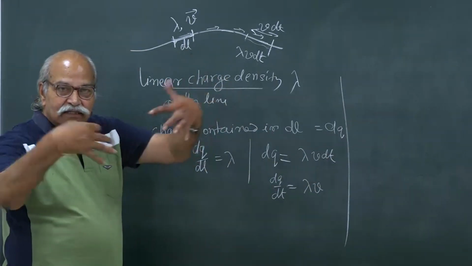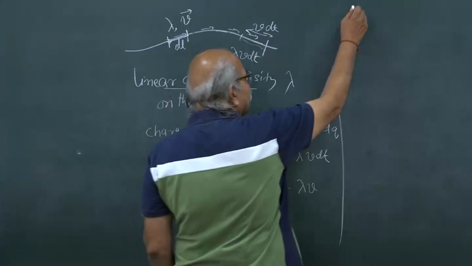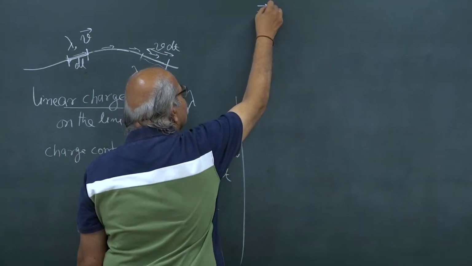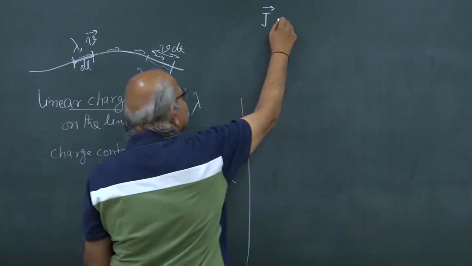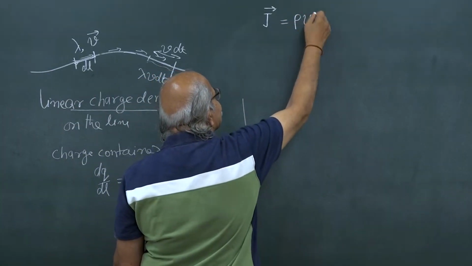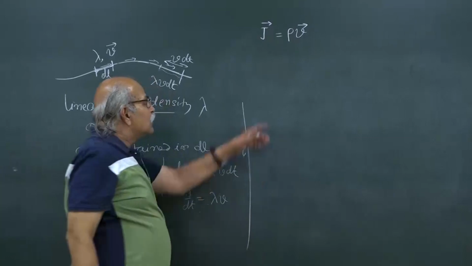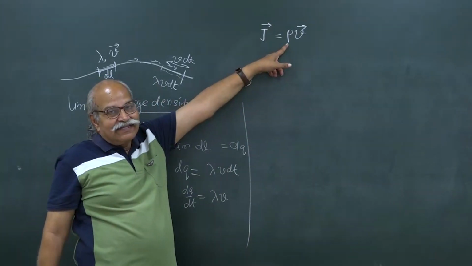And therefore, the current dq/dt is just lambda times v. So, if I collect all three, we defined volume current density J, which was rho times V, where rho was the volume charge density.